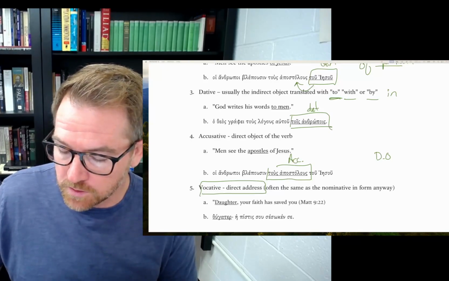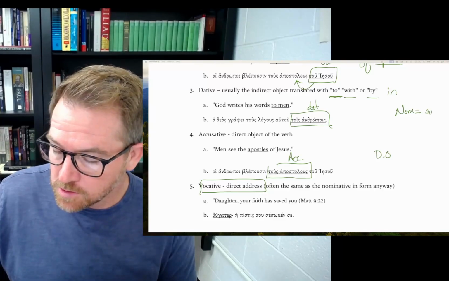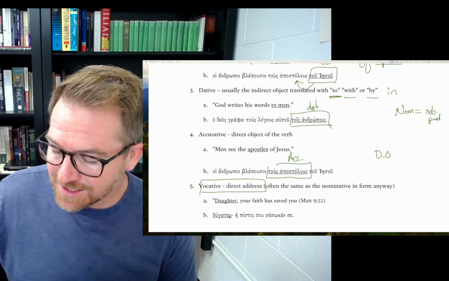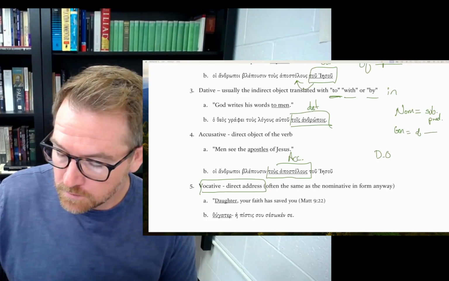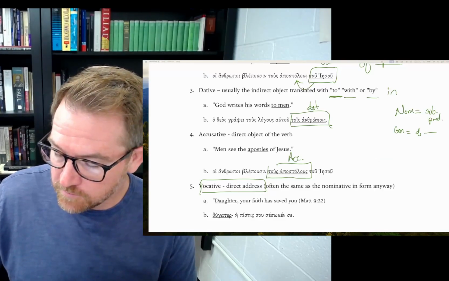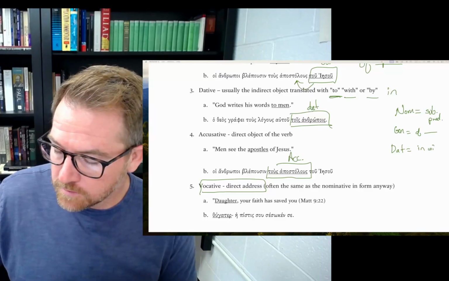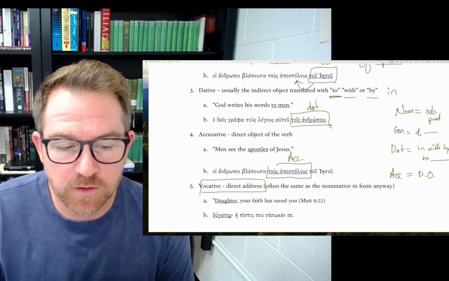So just as a bit of review here, we have the nominative, which is going to be our subject or predicate, our genitive, which you're going to translate of and the noun, our dative, which you're going to translate in, with, by, or to, and then the noun, and the accusative, which is going to equal the direct object. That's what is receiving the action of the verb.